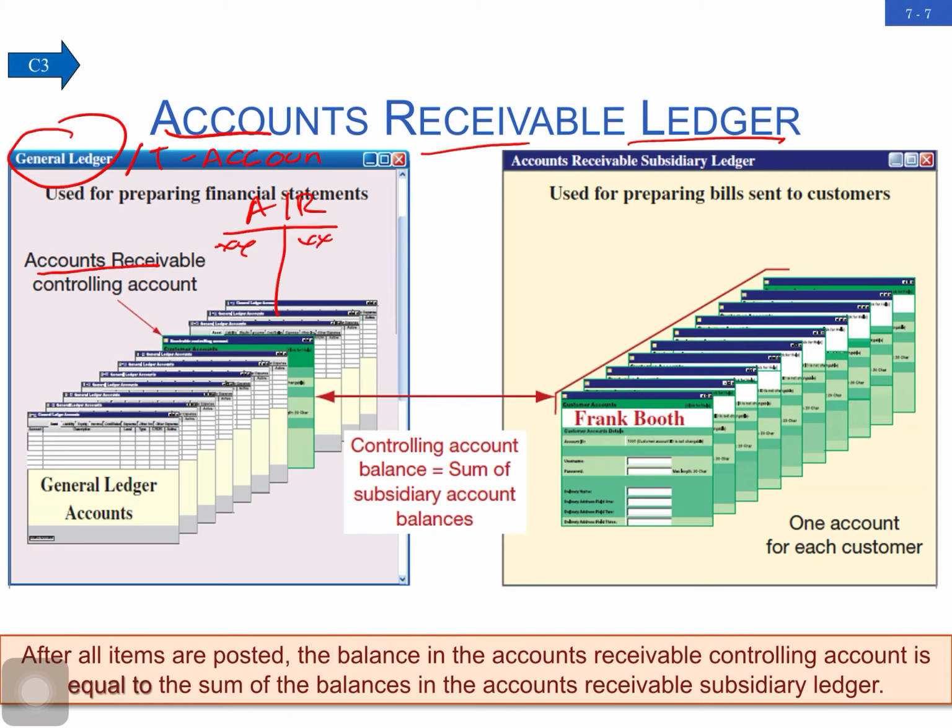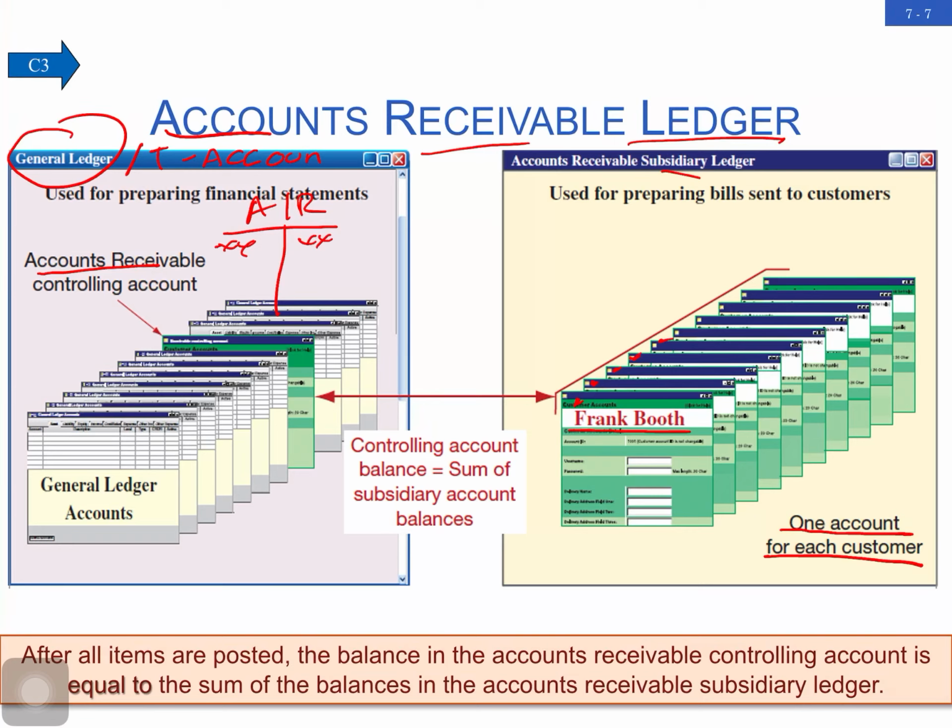But for the accounts receivable subsidiary ledger, you have one ledger for one credit customer, one account for each customer. This is a credit customer, the name is Frank Booth. The second one can be another credit customer, and so on.